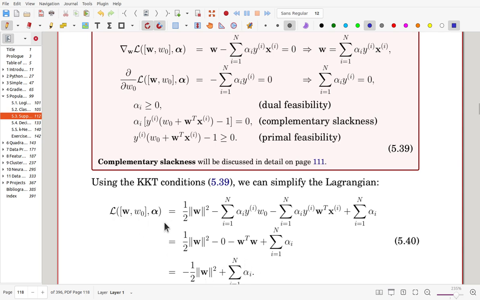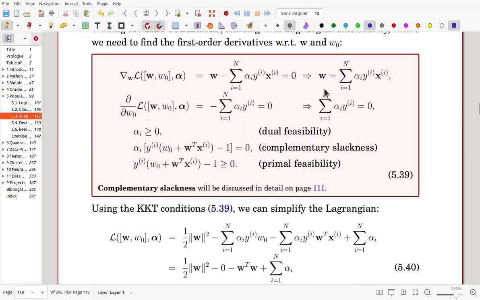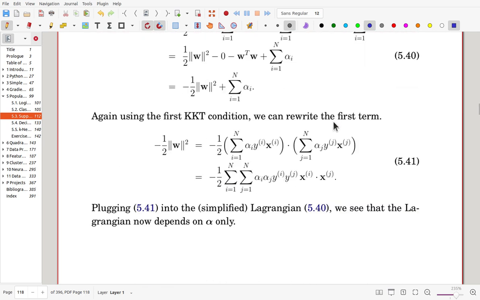The Lagrangian is not only a function of alpha, but also a function of W. So we have to replace this term so that eventually the Lagrangian is a function of alpha. By using the first KKT condition, W norm squared is the same as W dot W. So minus half W norm squared is the same as minus half W dot W. These summations can be written as a double summation.